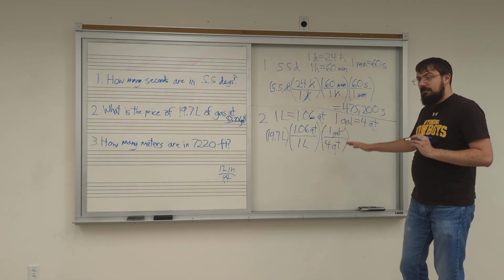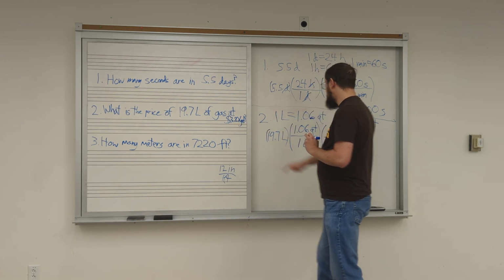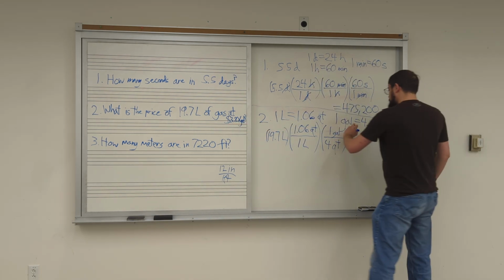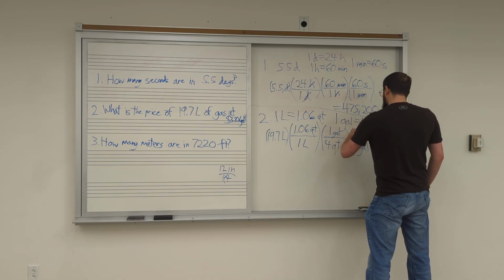So the last step is to figure out our price. And our price, we are told in the problem statement, is $3.20 per gallon. So we're going to have 1 gallon on bottom, and then on top, $3.20.